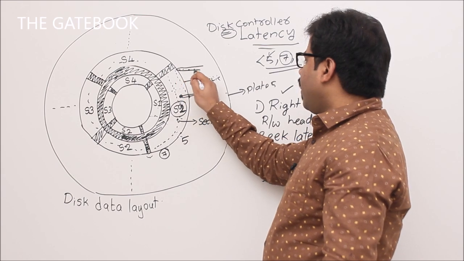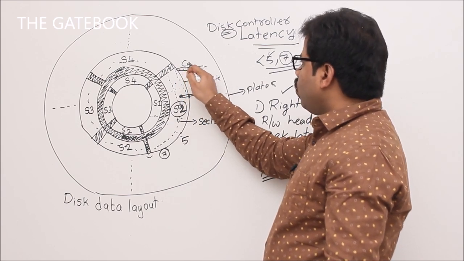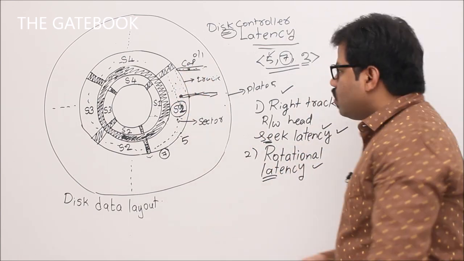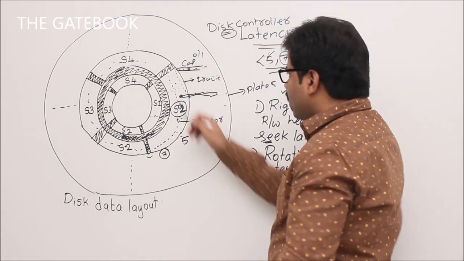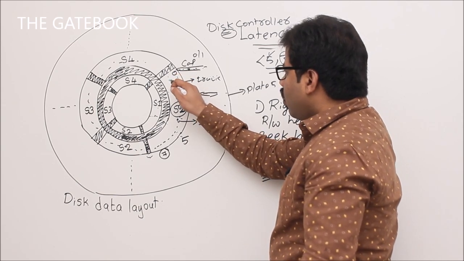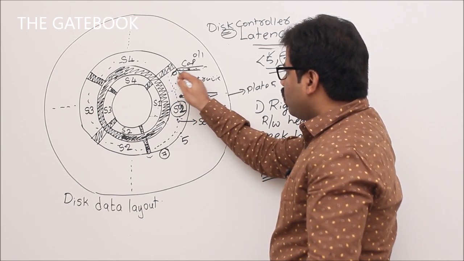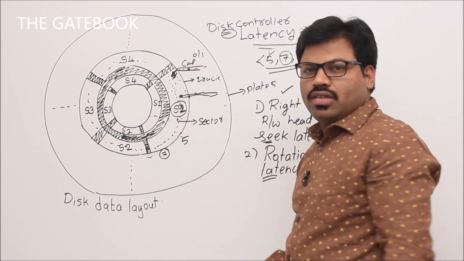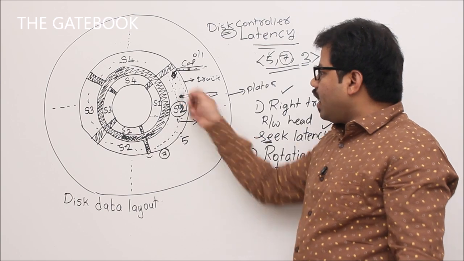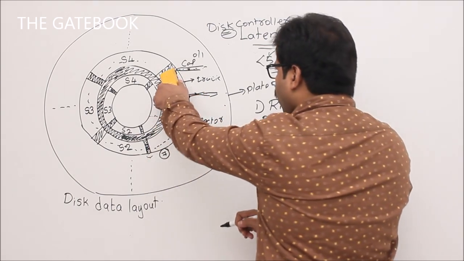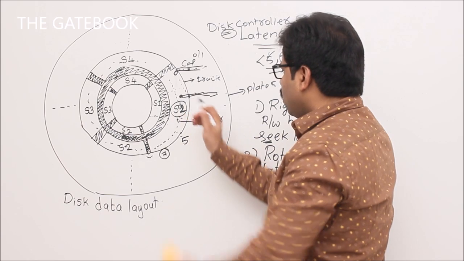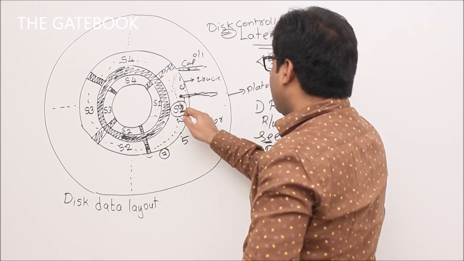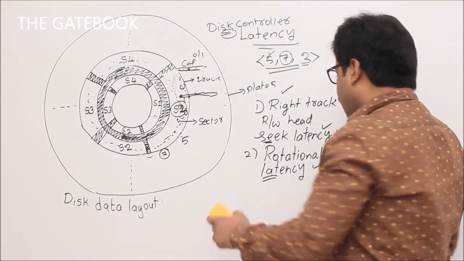The read write head has the capacity to write zeros and ones while the plate is rotating. If you are not rotating the plate, then the read write head will always be writing 0, then 1, 0, 1 in the same place. So the plate has to be rotated: first we write 0, then when you rotate, we write 1 here, then here 0, here 1, in that way. So in different places we can write the data.